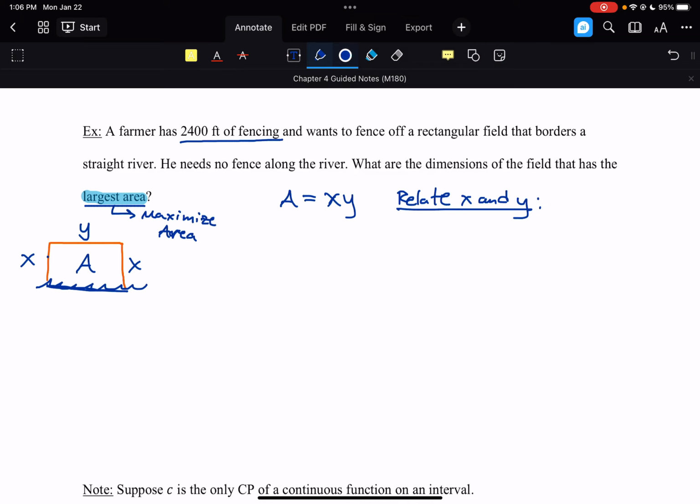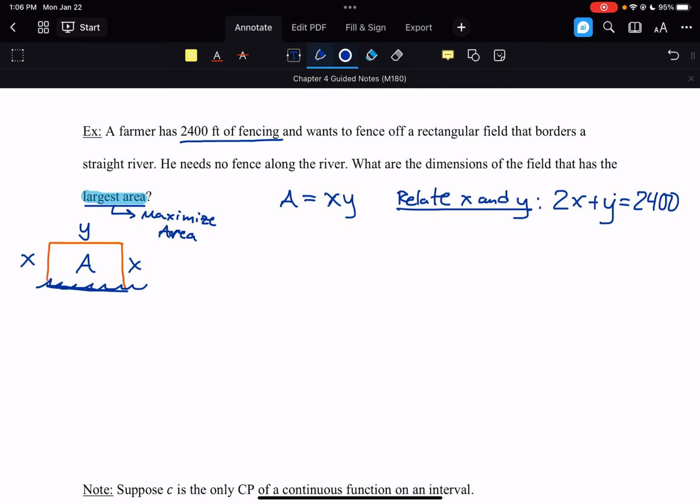So the fencing, that's this orange section right here. So basically, the sum of all of these pieces should add up to 2,400, because that's how much fencing he has. So there's going to be two X's and one Y that add up to 2,400 feet of fencing.